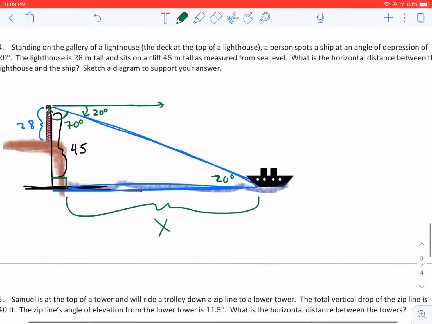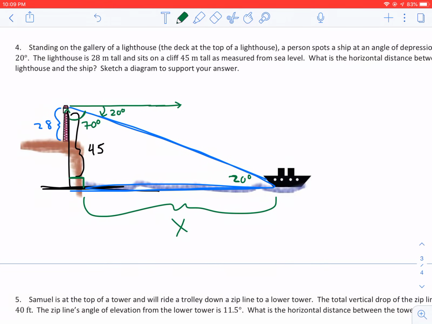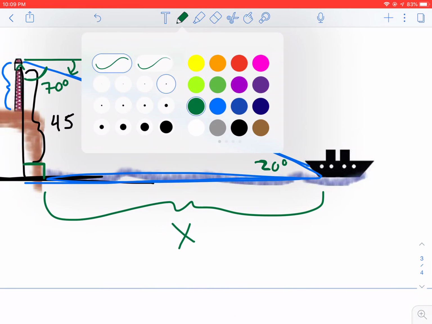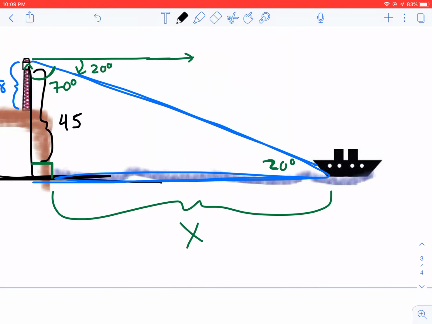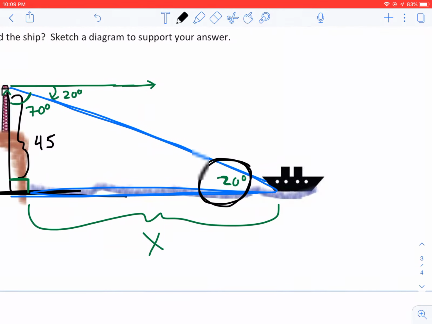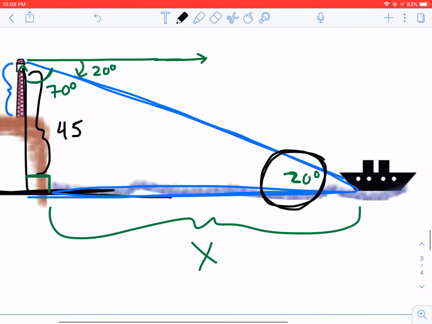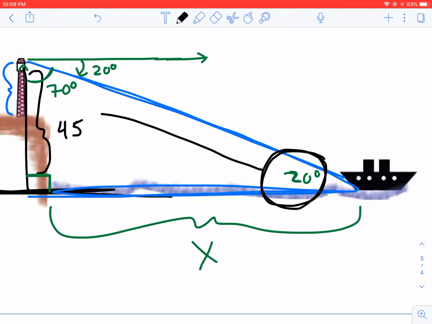And what is the horizontal distance between the lighthouse and the ship? It doesn't matter which angle you use, but let's say I use this angle here, 20 degrees. Which sides do I have with respect to 20 degrees? I have the opposite side and the adjacent side. I do not have the hypotenuse here.